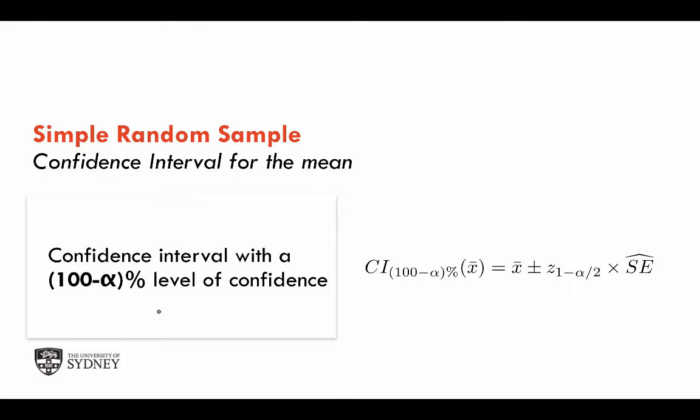More generally, a confidence interval with any level of confidence is given by the formula on the right, where z 1 minus alpha over 2 is obtained from the normal distribution. In the book you can find details about other estimators such as the sum and the proportion, with the standard errors and the respective confidence intervals.